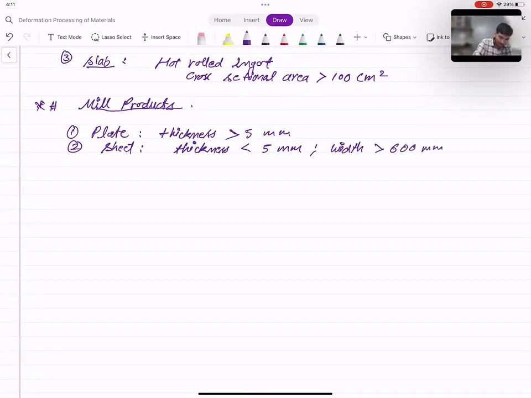600 mm. Okay. If the thickness is less than 5 mm and the width is also lower than 600 mm, then it is known as a strip.